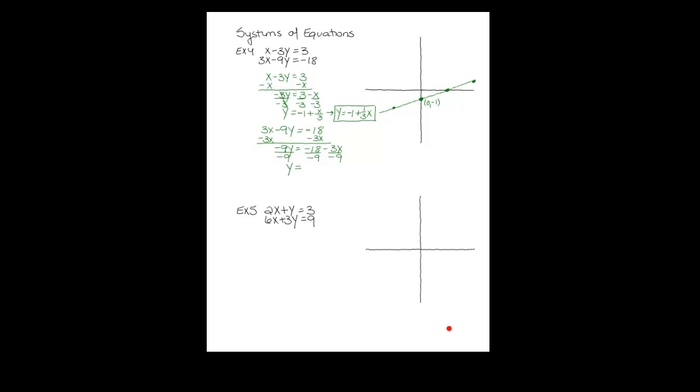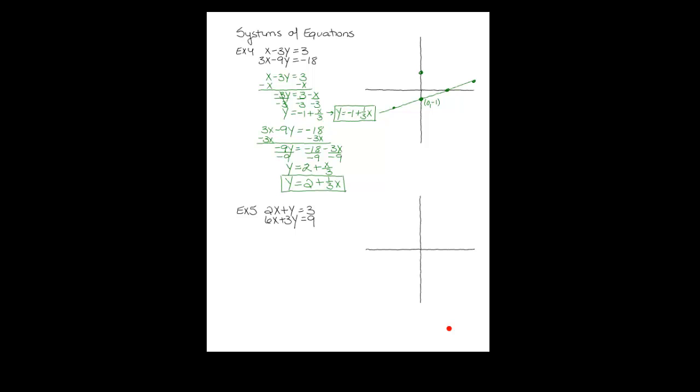So we have y equals negative 18 divided by negative 9 is a positive 2 plus negative 3x over negative 9, so we have x over 3 again. Just going to rewrite this y equals 2 plus 1/3 x. There's the equation of our second line.